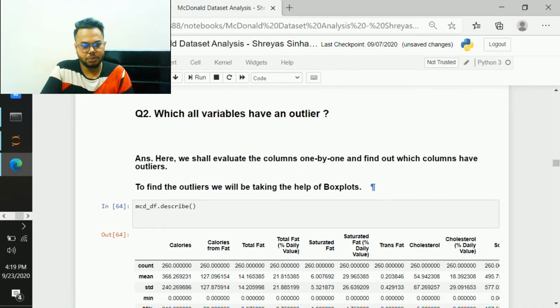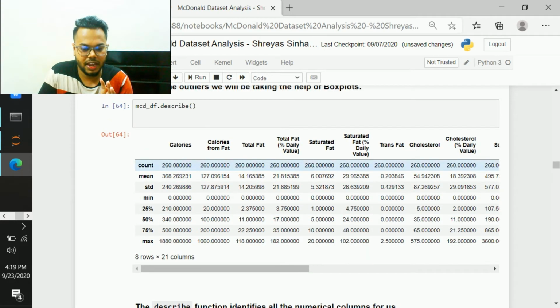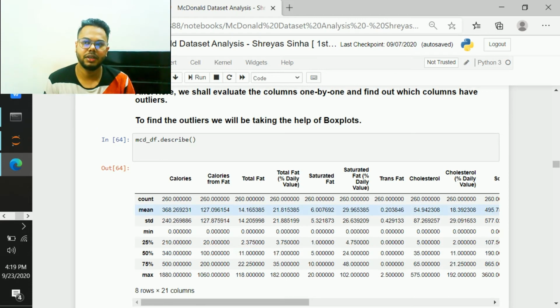The next question, let us proceed to: which variables have an outlier? So we did a describe to understand this. I didn't want to select every column. I knew describe uses only the numerical columns within the entire data set, and otherwise I had to manually select the numerical columns to do an outlier analysis.